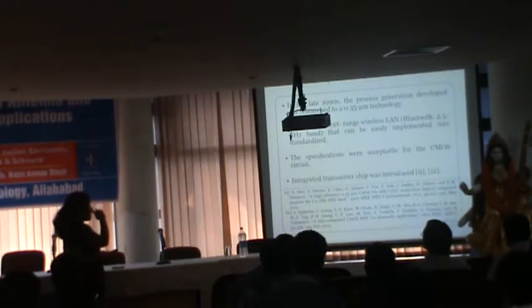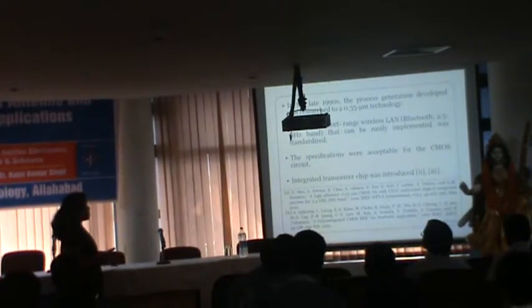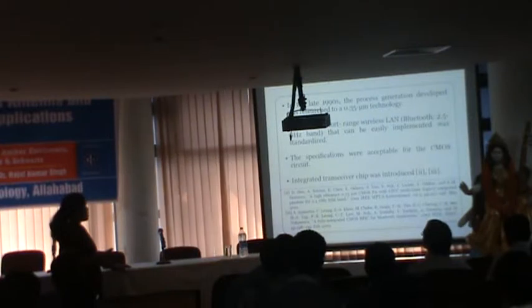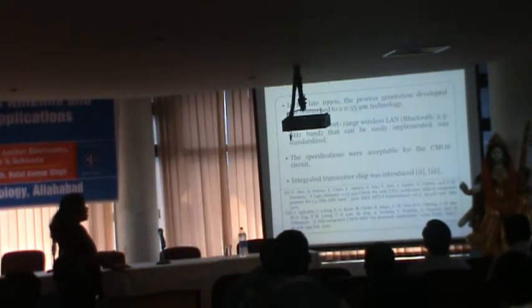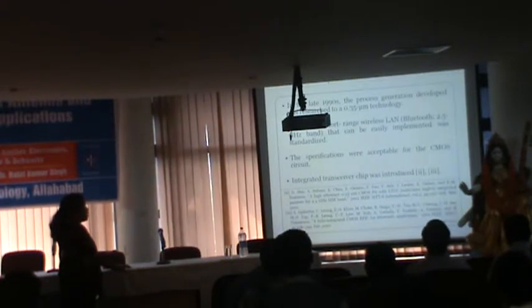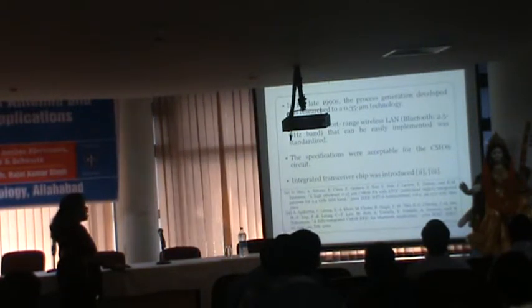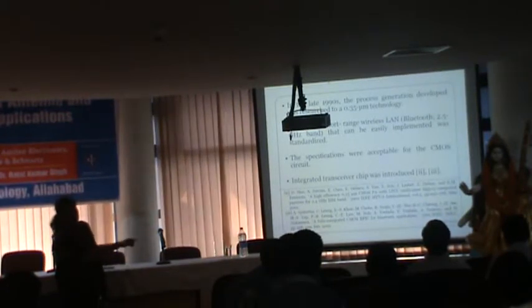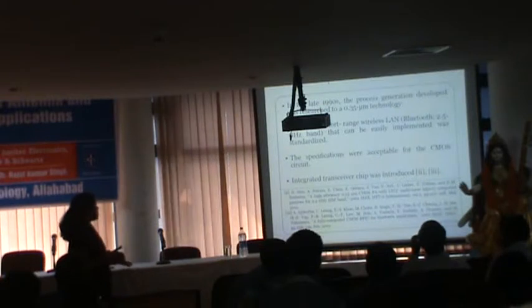Now in the late 90s, we were at 0.35 micrometer technology. In this case, the short range wireless LAN, that is Bluetooth, and this 2.5 gigahertz band, which can be easily implemented, was standardized. People thought of it, and they came very fast in the late 90s.